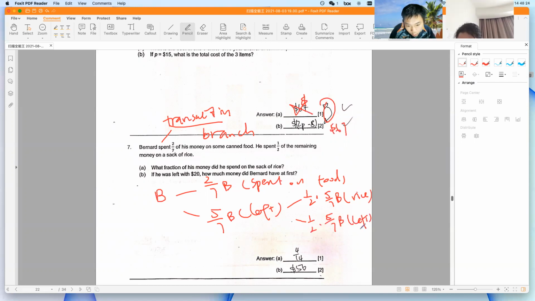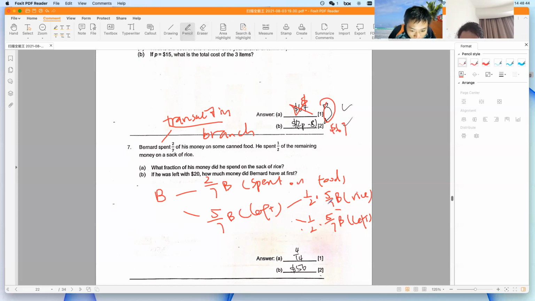Okay, good. So with this branch, I just need to read the question. What fraction of his money did he spend on the sack of rice? So I'm reading this, rice, I'm sorry. I'm just trying to tell you the benefit of having the branch or this diagram.